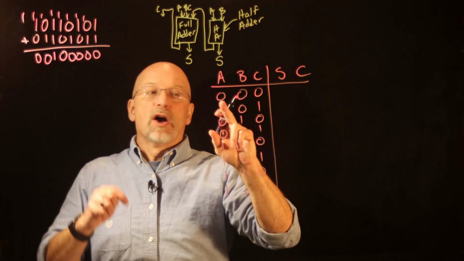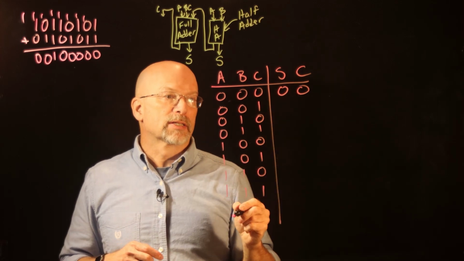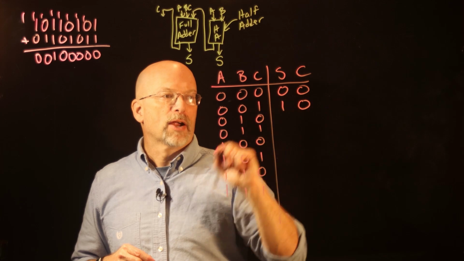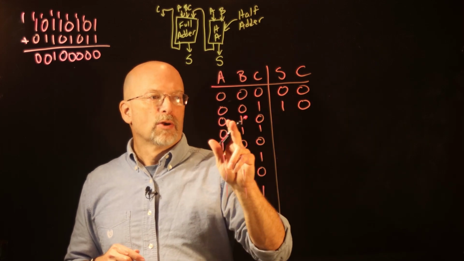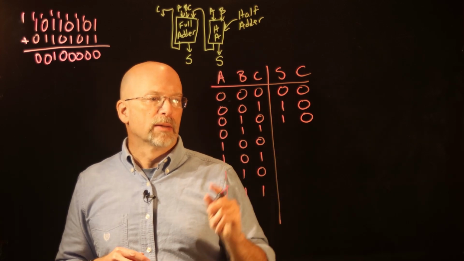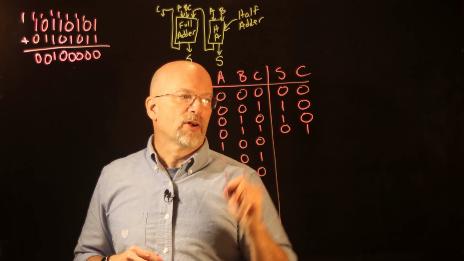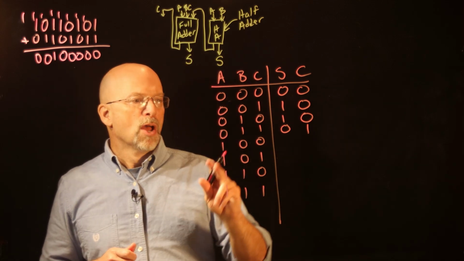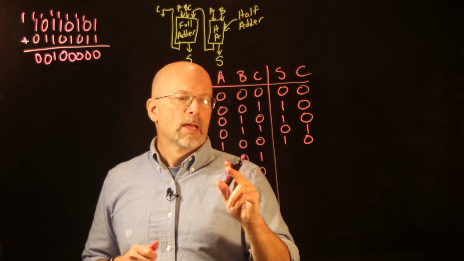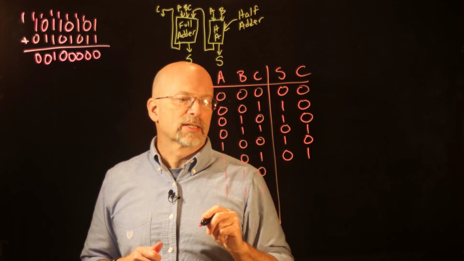All right, so 0 plus 0 plus 0 is 0, no carry into the next column. 0 plus 0 plus 1 is 1, no carry. 0 plus 1 plus 0 is 1, no carry. 0 plus 1 plus 1, that's 0 with a carry into the next column. 1 plus 0 plus 0, that's 1 with no carry. 1 plus 0 plus 1, that's 0 with a carry into the next column.